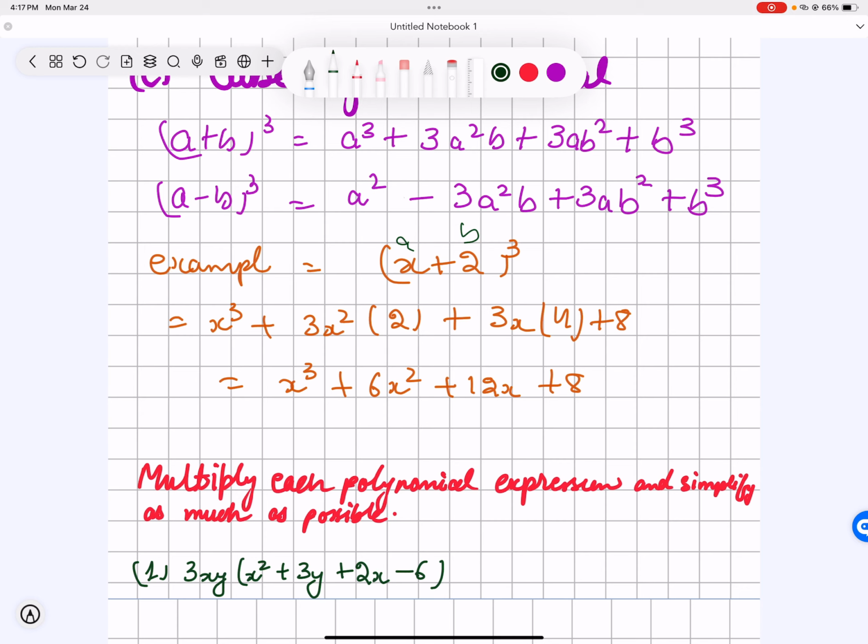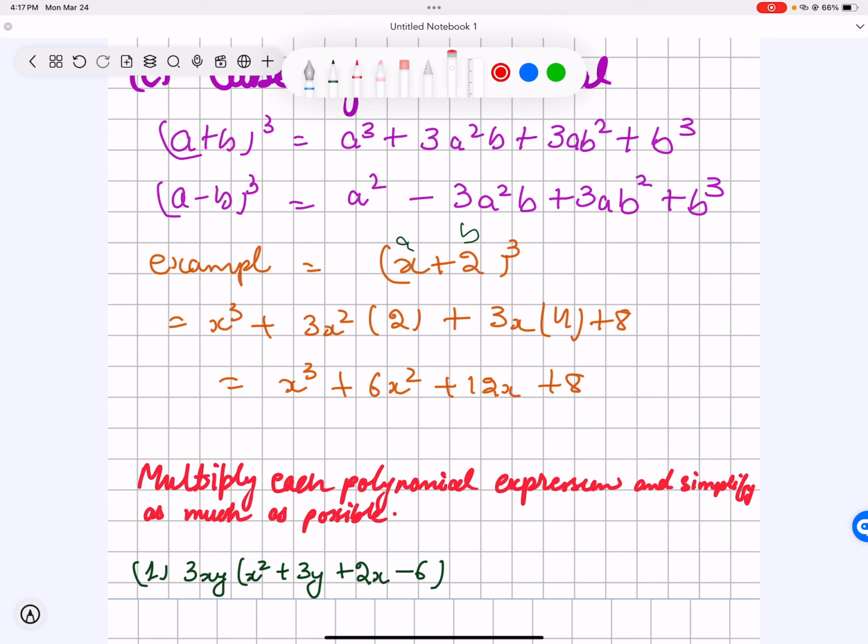So first it's going to be a cubed, and my a is x, so it's x cubed. And then 3, and then a squared again, which is x squared, times b, which is 2. And then 3, and then a times b squared again, so it's 3x times 4.